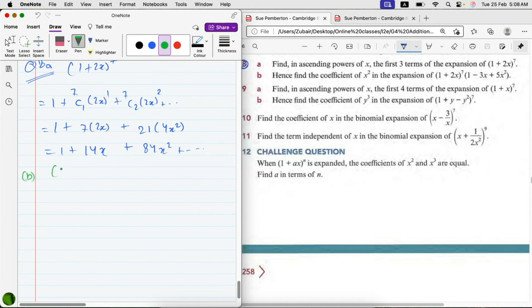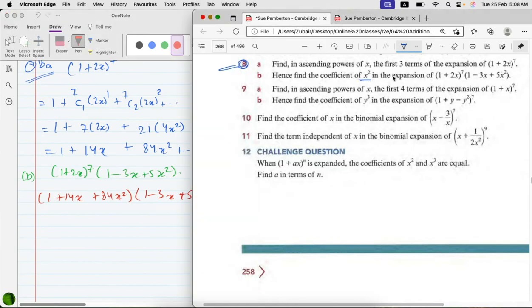The B part is (1 + 2x)^7 times (1 minus 3x plus 5x squared). (1 + 2x)^7 is already 1 plus 14x plus 84x squared, times 1 minus 3x plus 5x squared.